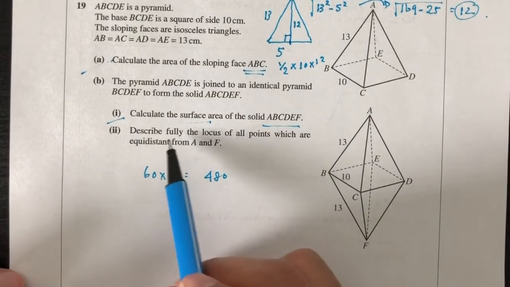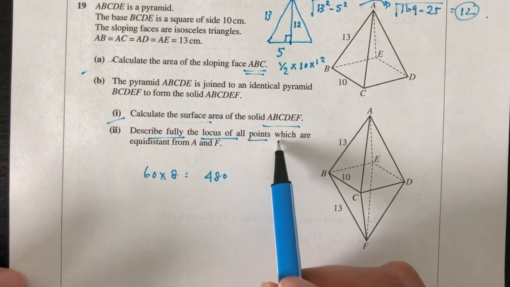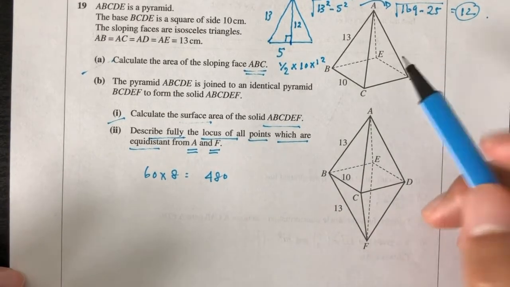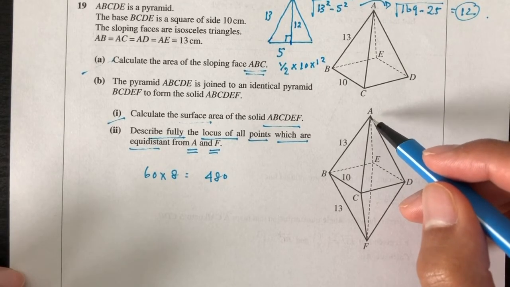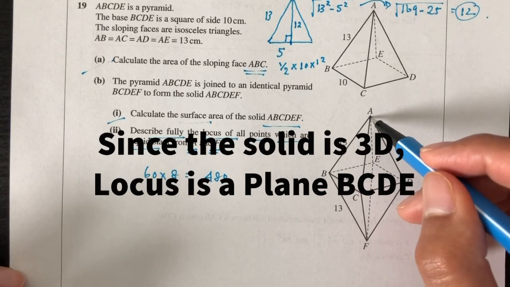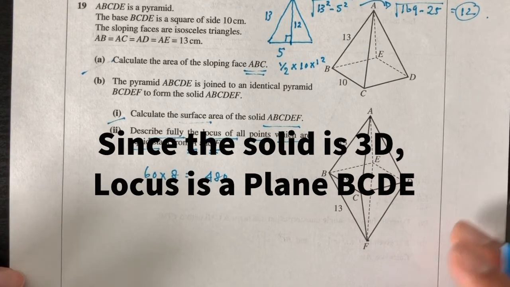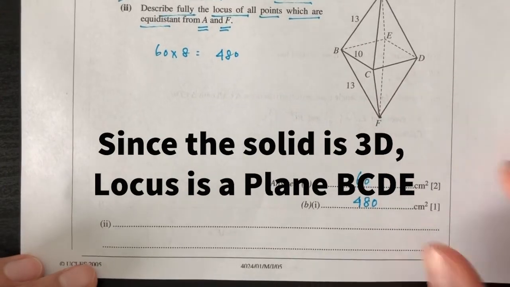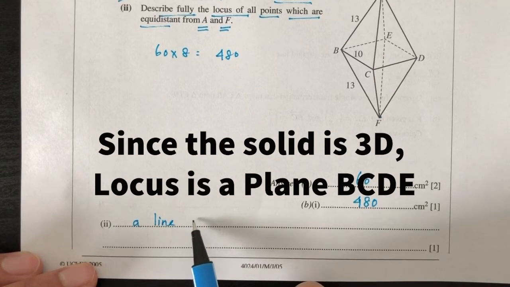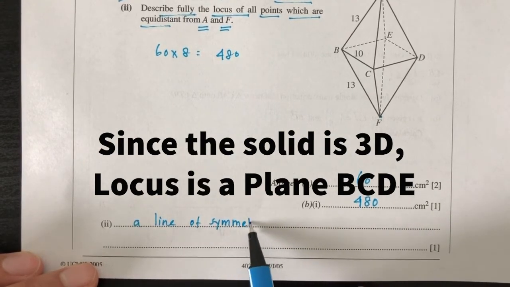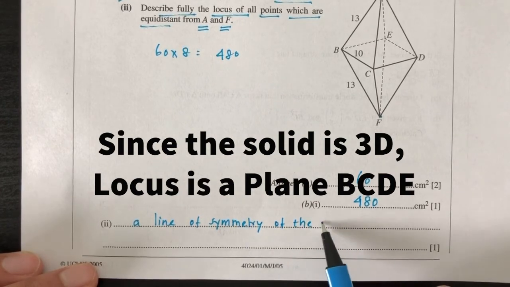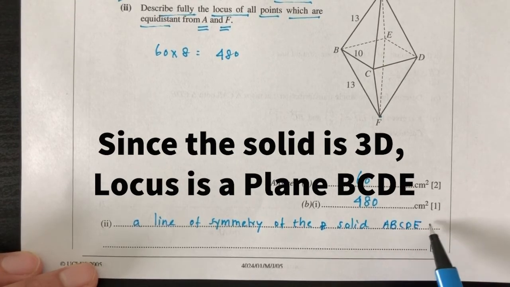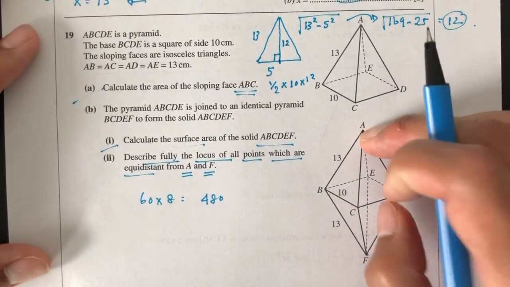Now part 2. Describe fully the locus of all the points which are equidistant from A and F. For the points, this point and this point join together.